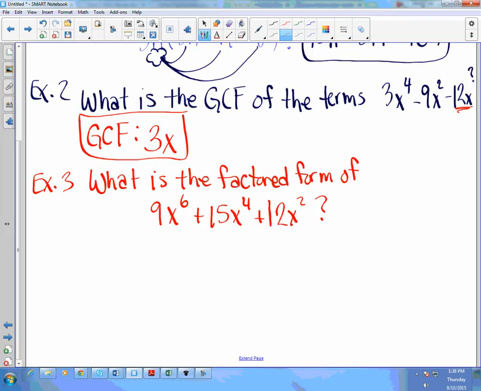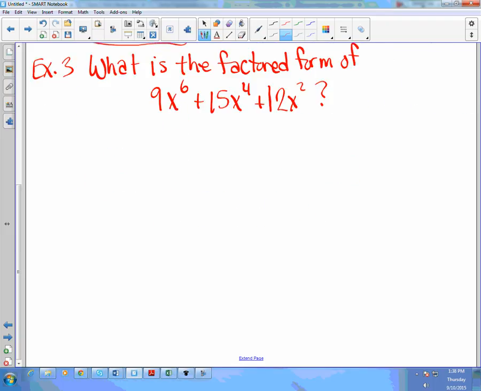Question mark. Factor form takes 3 steps. The first step is to identify the GCF, which we just went over how to do. We'll practice it again. Identify the GCF, the greatest common factor.